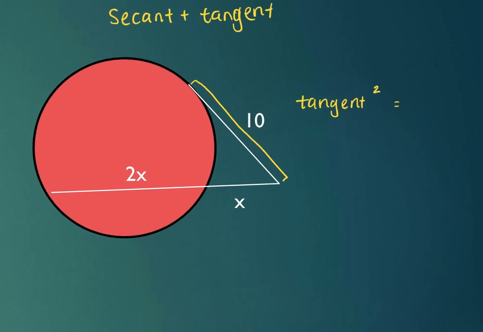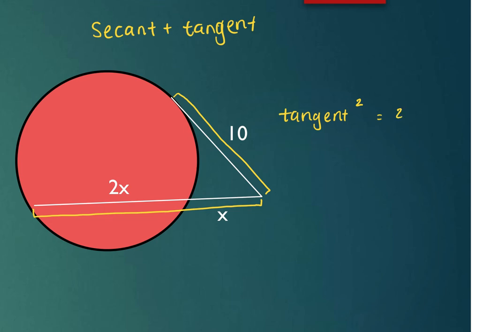Now the whole of this portion is what? Good. 2x plus x. And we multiply that by the external part. What's the external part? X. Yep.